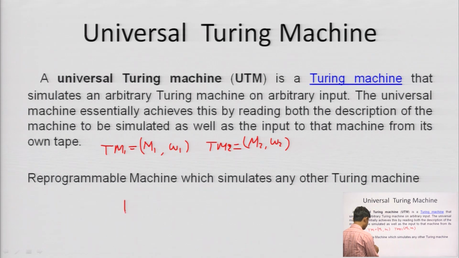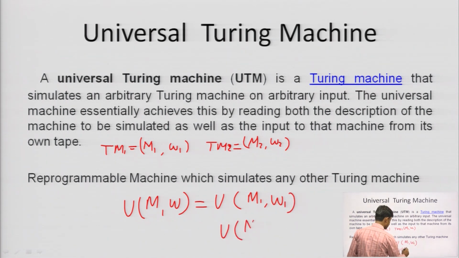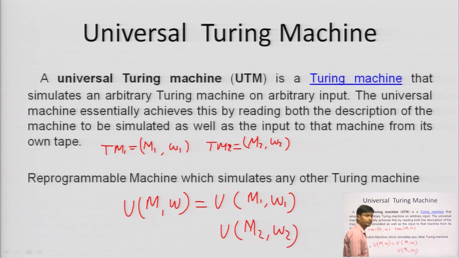So, a universal Turing machine is like that, it takes M and W as input. For this, you can take the input as M1, W1. Similarly, you can take M2, W2. If it is a universal Turing machine, it can simulate all the Turing machines.